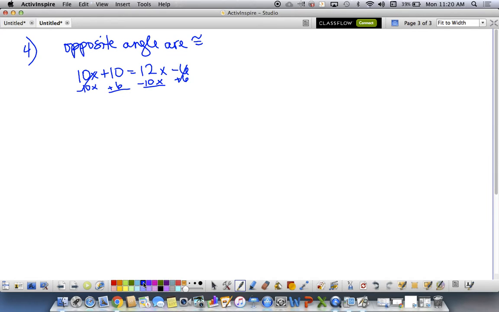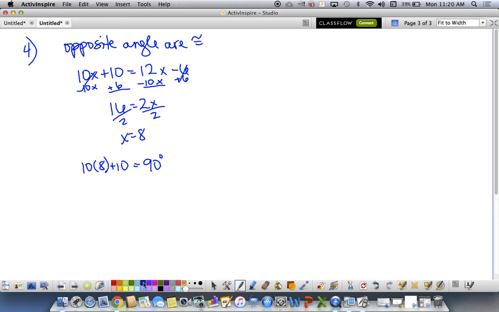Okay, if we were doing this in a proof, I wouldn't do this all in one step, but we're not. Do it, it's okay. 16 equals 2x. Divide by 2, x equals 8. When you plug x in, so 10 times 8 plus 10, what does that equal? That's 80 plus 10 is 90.